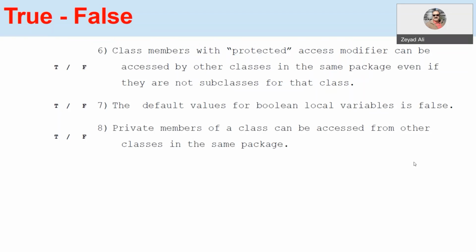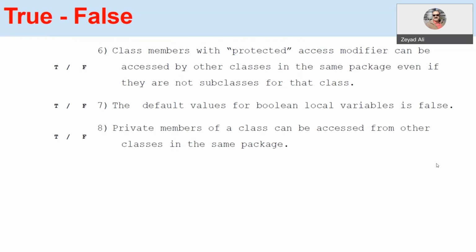No problem. However, if it's outside the package, only if it's outside the package, then it must be a subclass. Maybe at this level, you don't know what a subclass is. But protected access modifiers allow a class member to be accessed in the same class and in the same package.